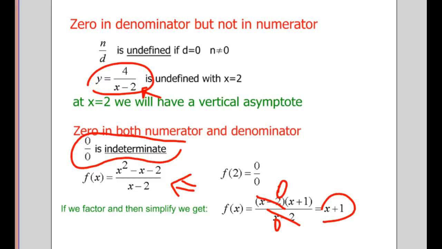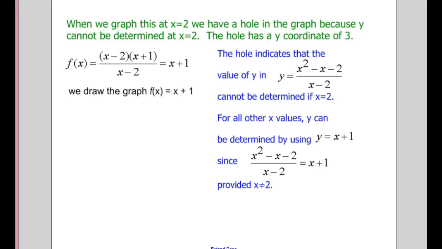Go to my next slide. When we get to the graph, at x equals 2, we have a hole in the graph. Because these can cross off, that creates the hole situation.